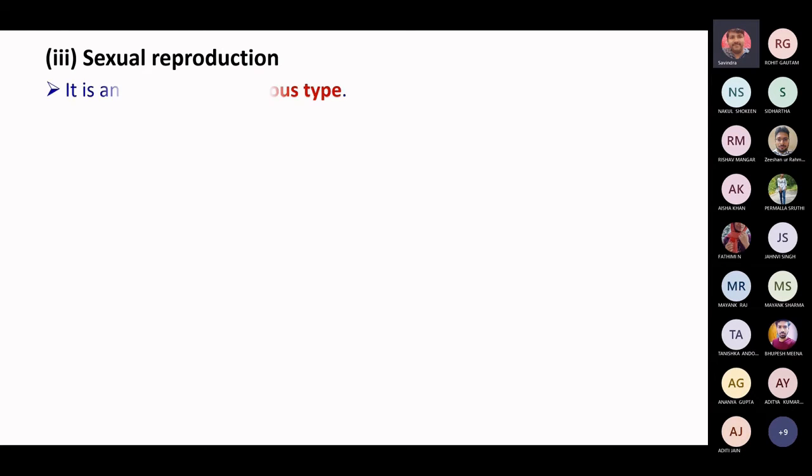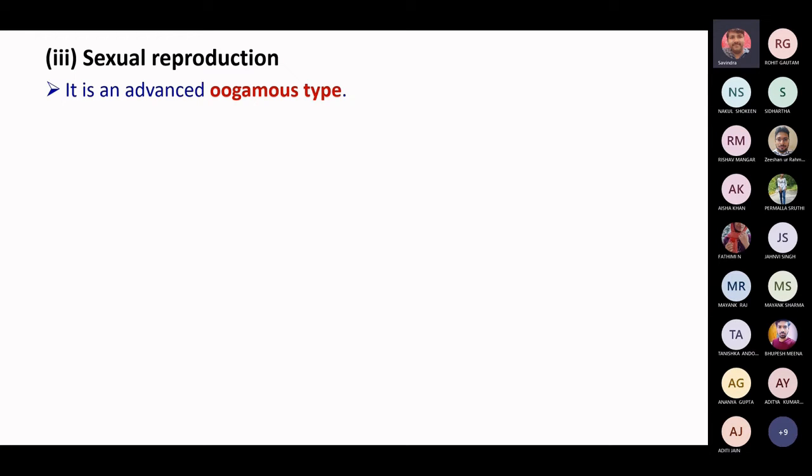No. Okay, let's go. So sexual reproduction is an advanced oogamous type. What is the meaning of oogamous type? Oogamous. Sir, the female gamete is larger than the male gamete. And one is motile and one is non-motile.